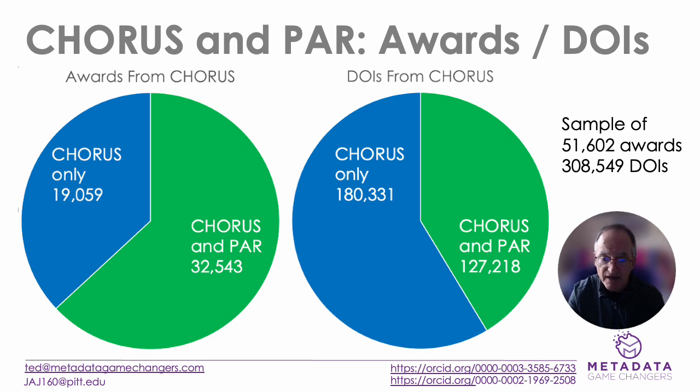Those 51,000 awards, we found DOIs in core. We found 127,218 journal articles that were in chorus and par, and just over 180,000 DOIs associated with these awards that were not in par.